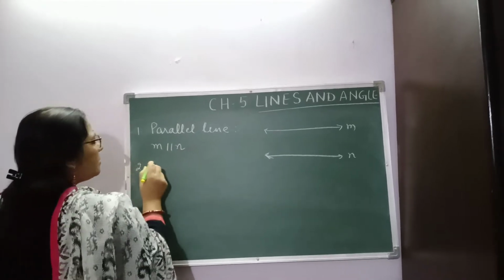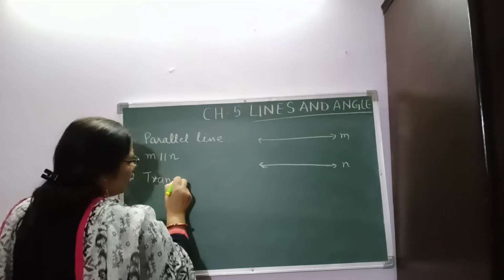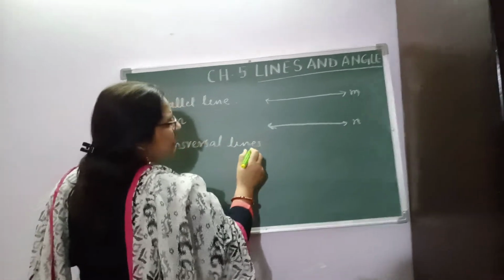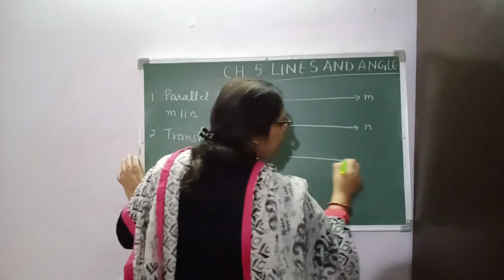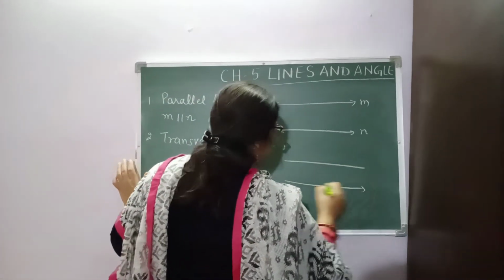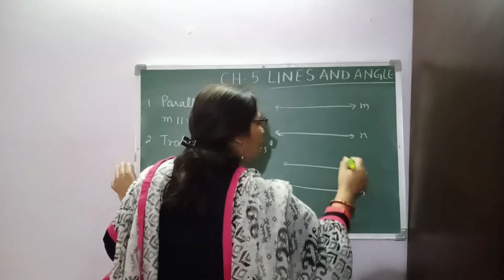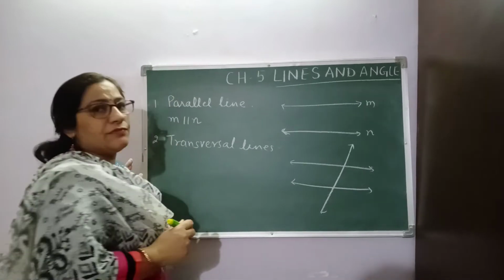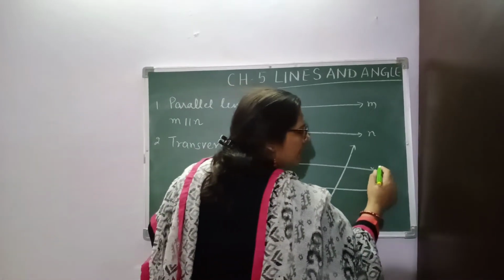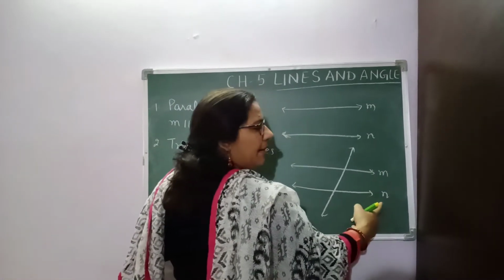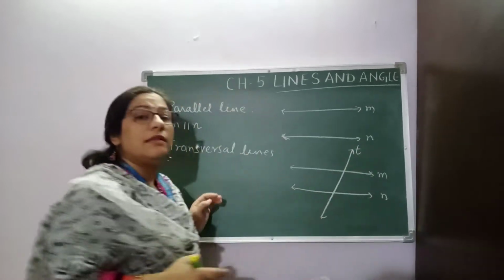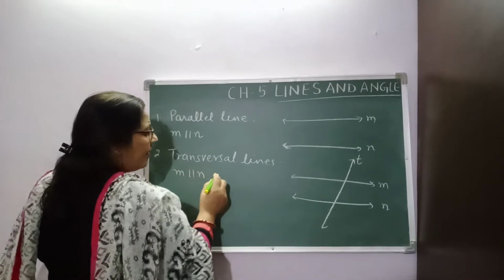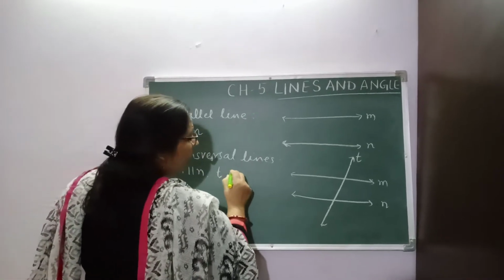Now the second is transversal. What are transversal lines? If two or three parallel lines intersect with one line at distinct points, it is known as a transversal. We denote the parallel lines by M and N, and the transversal by T. So we write M is parallel to N and T is a transversal.